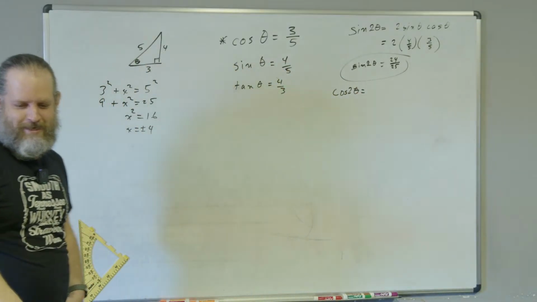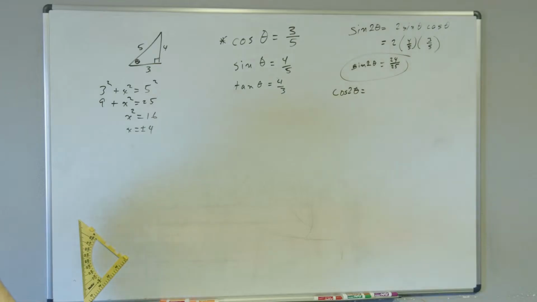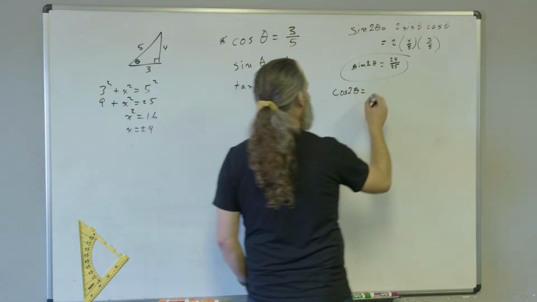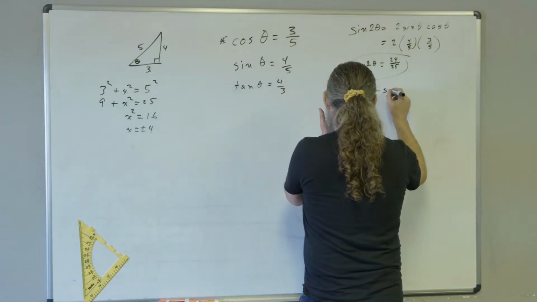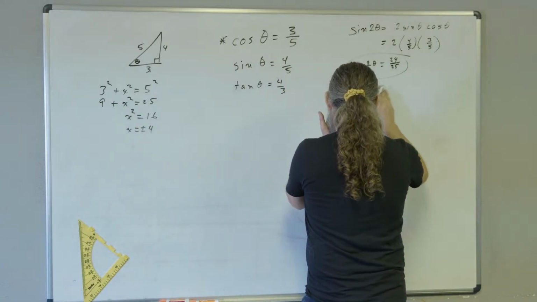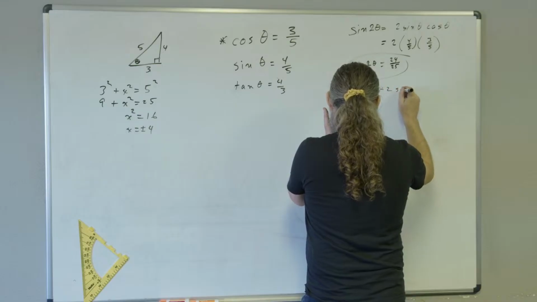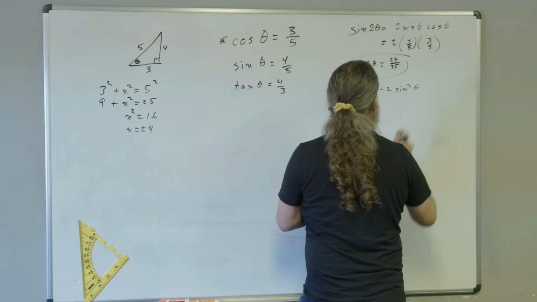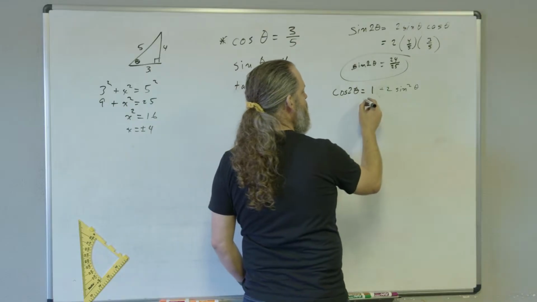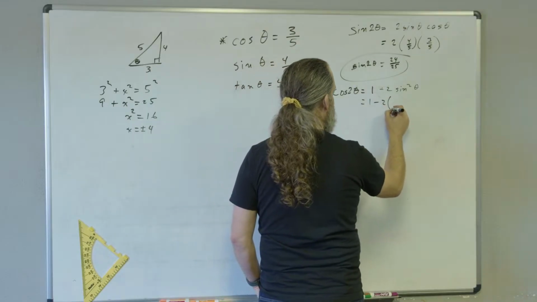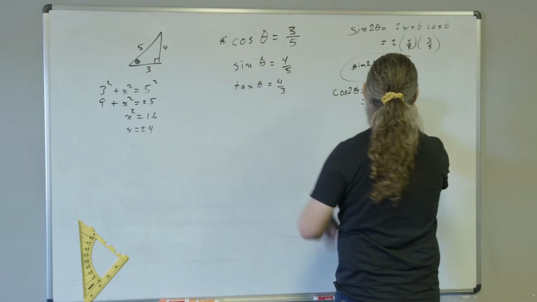Let's use the one with 1 minus 2 sine squared theta. So 1 minus 2 times sine theta, 4/5, squared.